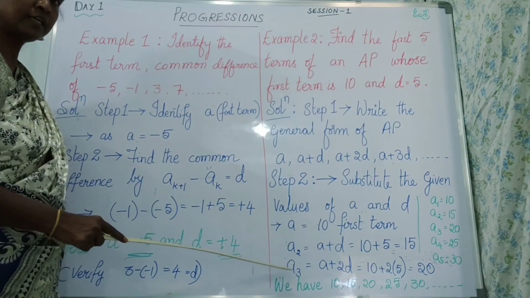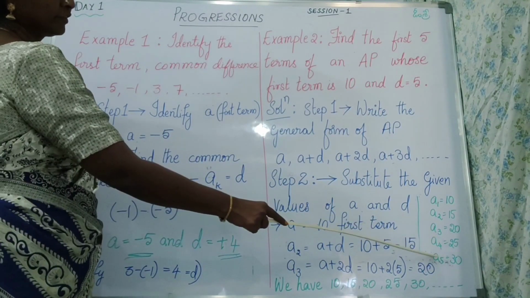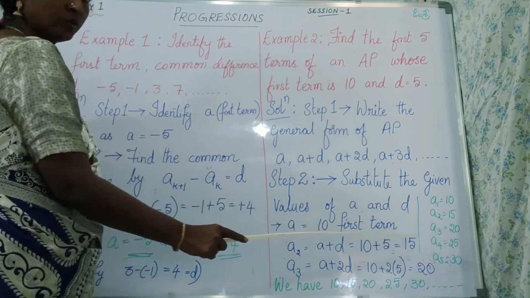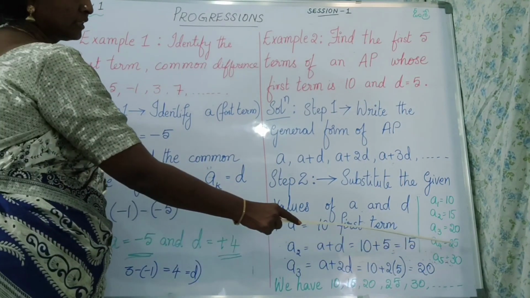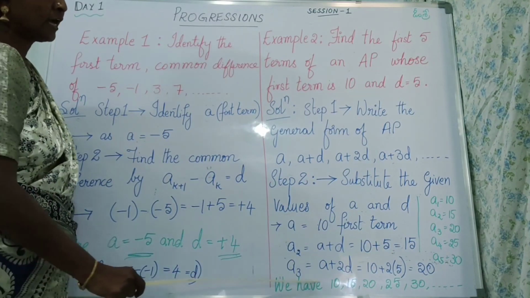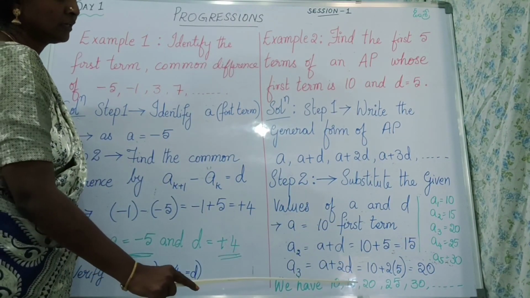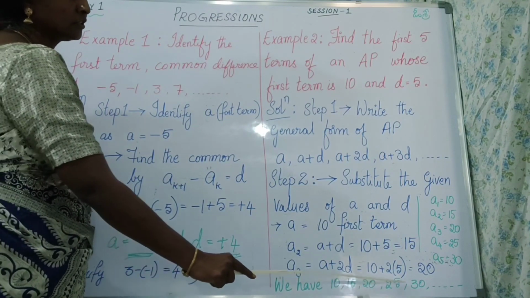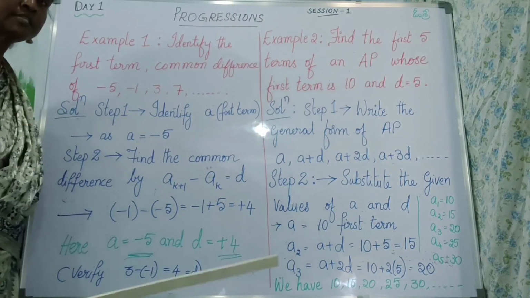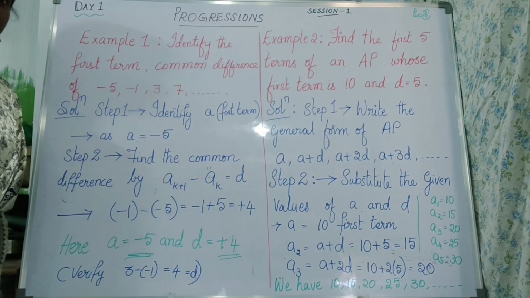Similarly, you try the next two and you will find that the fourth and fifth terms will be 25 and 30. Do it on your own and verify that these values are correct. So we have the first 5 terms of the series as 10, 15, 20, 25, 30 and so on. This is how we use the formulas that we have learned for the given concept.